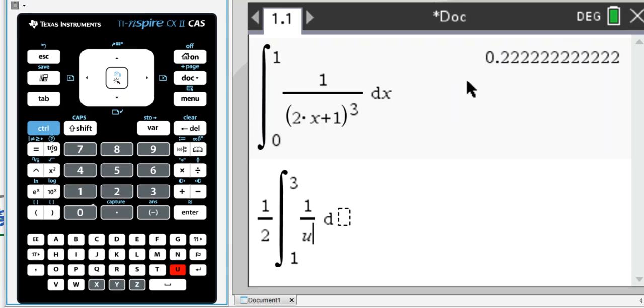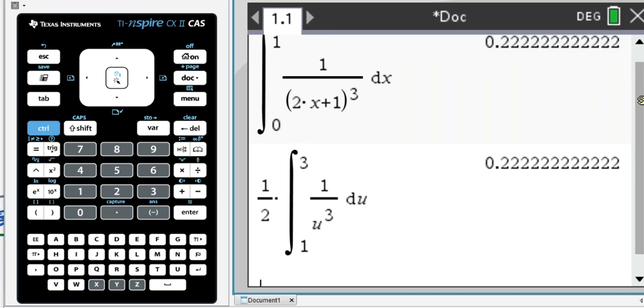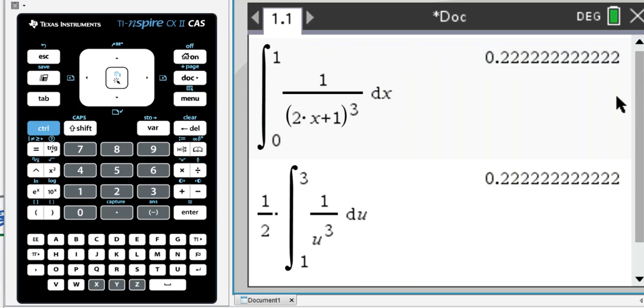Now I'll use the letter u since this calculator can handle it, relative to the variable u here. The claim is that this new integral, 1/2 times the integral from 1 to 3 of this function, is going to contain the exact same area as the integral from 0 to 1 of this function. So let's see what we got. And wouldn't you know it, they are exactly the same.